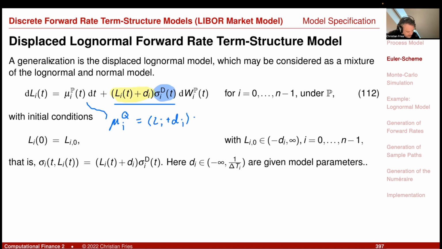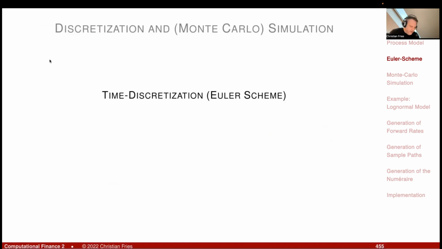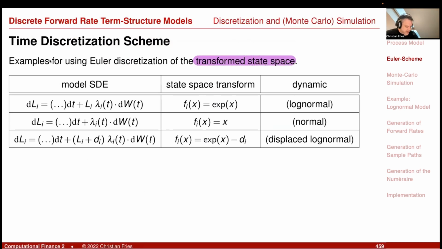So then it will be a sum of something. So you can also move to the log coordinates, because on the left-hand side you can write d of li plus di. Yeah? So the differential of li plus di. So you can also move to log coordinates here. So the transformation depends a little bit on these special versions. So we may consider different state space transforms depending on which model we use.